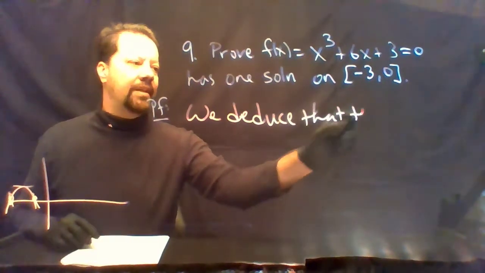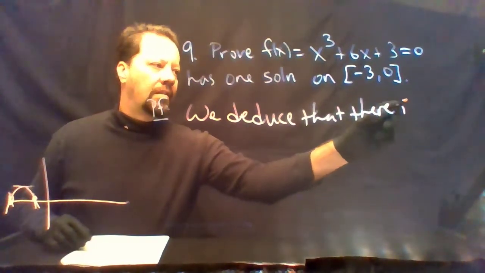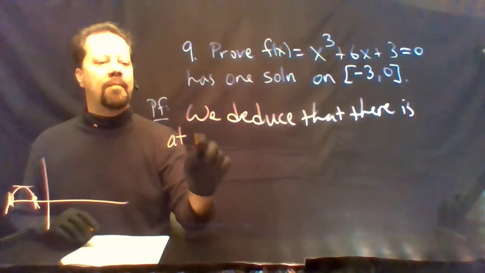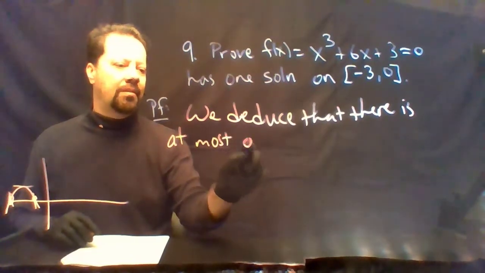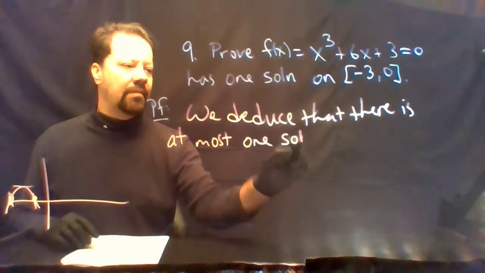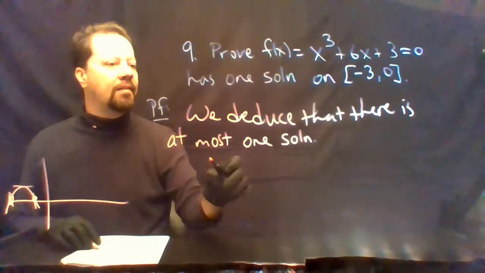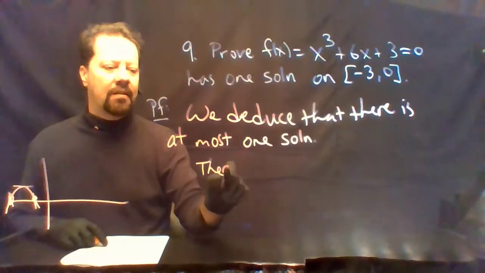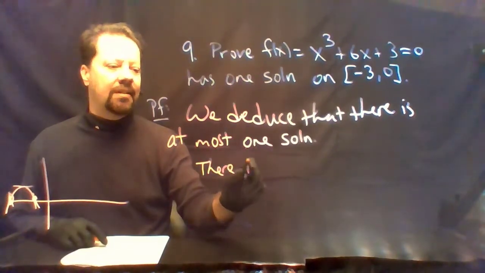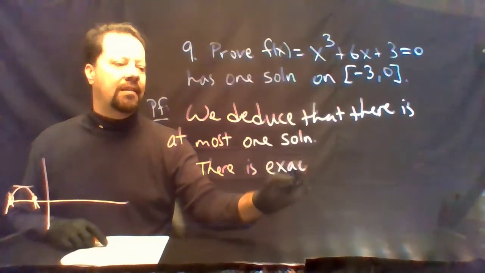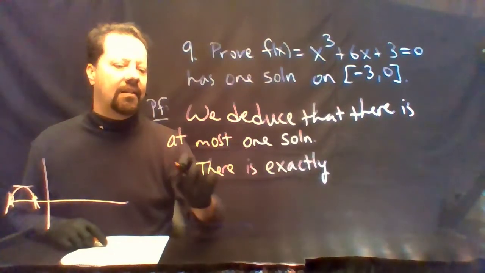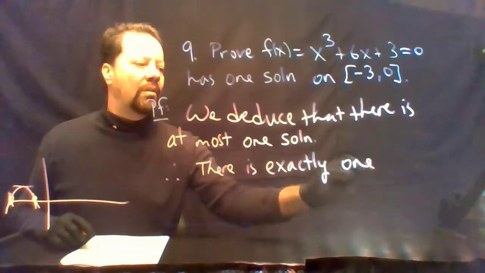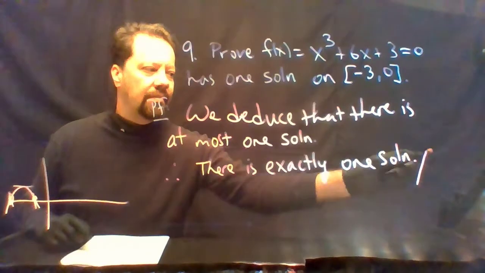We deduce that there is at most one solution. Combining the two parts, existence and uniqueness, there is exactly one solution.